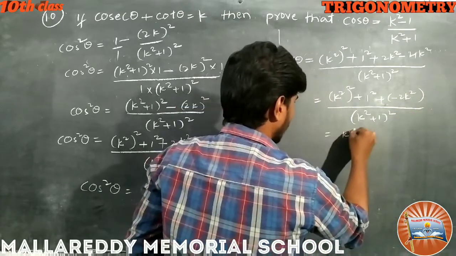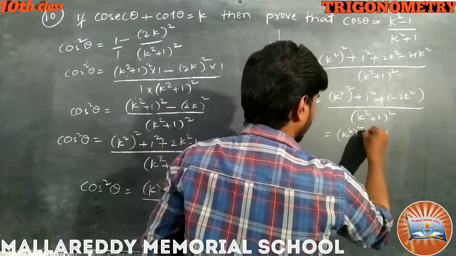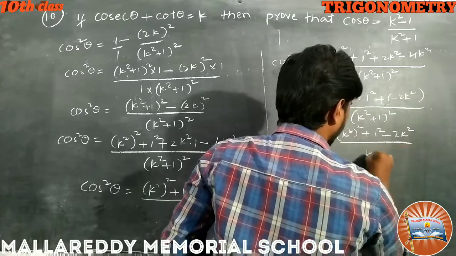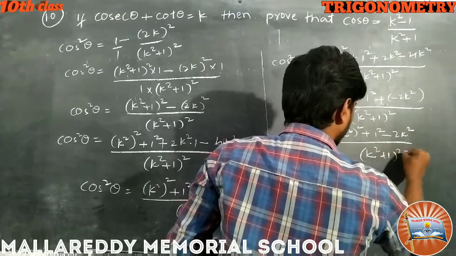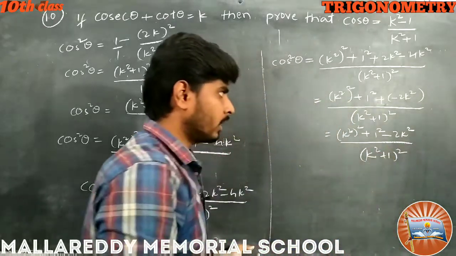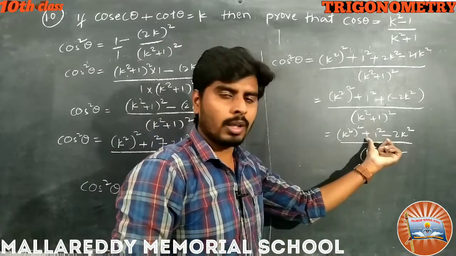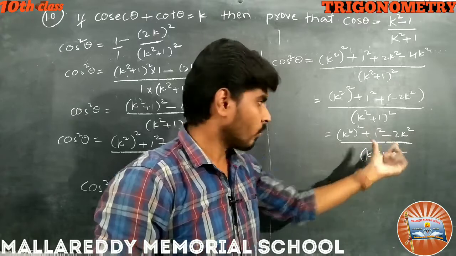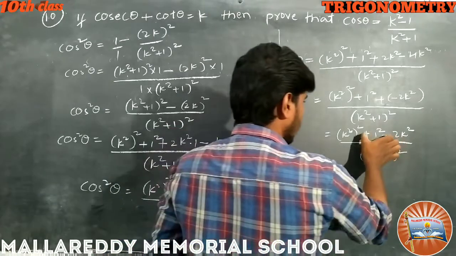So next step, (k square) whole square plus 1 square minus 2k square by (k square plus 1) whole square, isn't it? So this is nothing but in the form of a minus b whole square, isn't it? So this we can write.